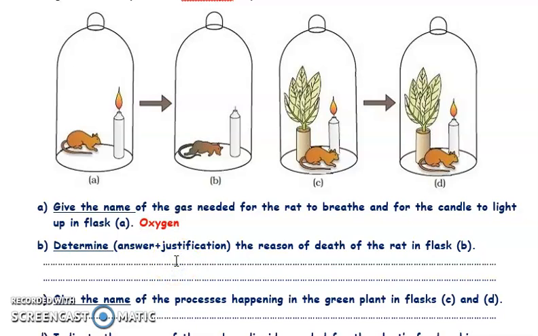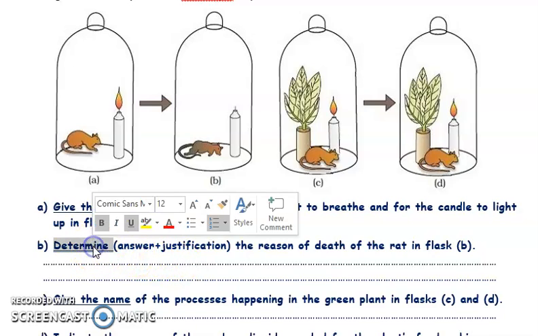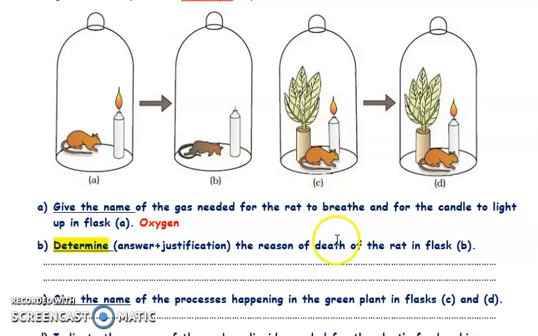Determine. Each time I ask you to determine, you have to tell why. Why did the rat die in flask B? Okay, so the flask is closed. The rat and the candle are taking the oxygen gas from inside this jar.